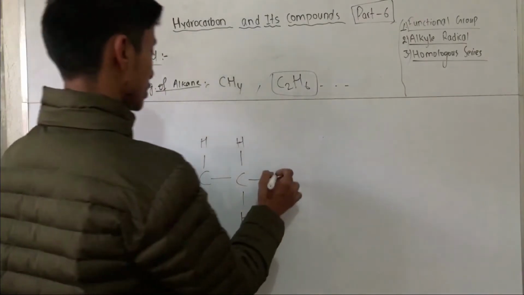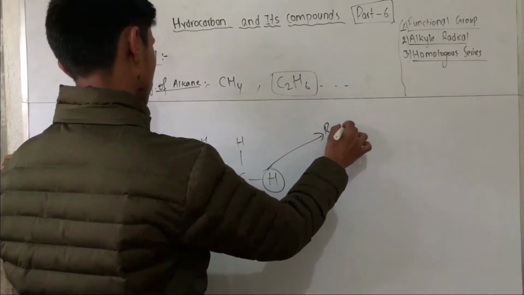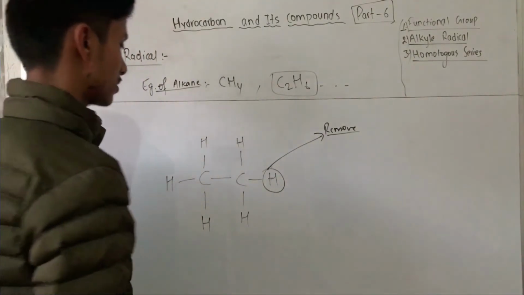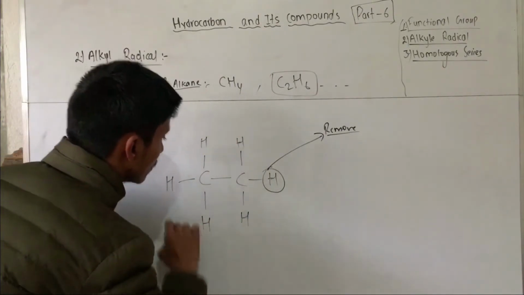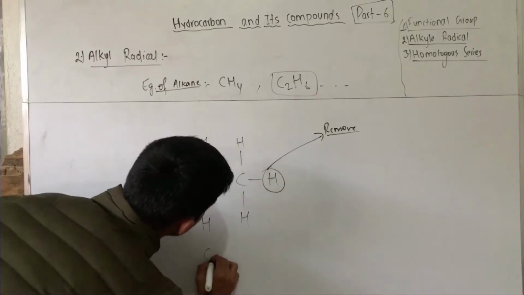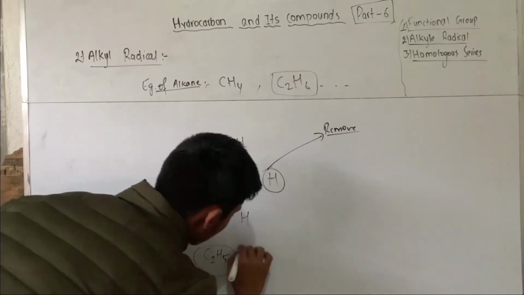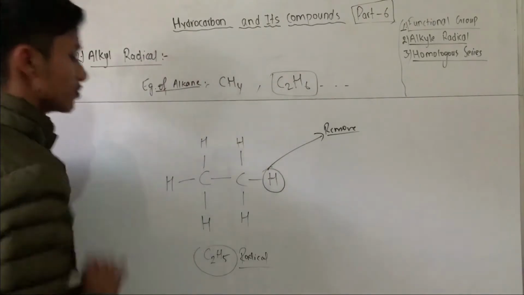Okay, let's remove this hydrogen. Then the compound that forms will be C2H5. Okay, C2H5 radical.